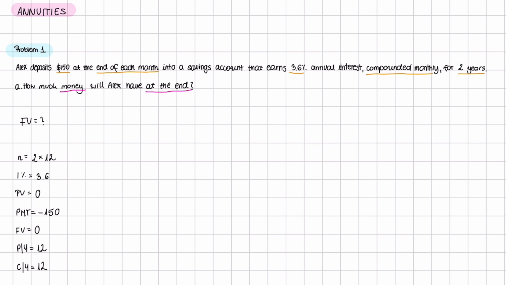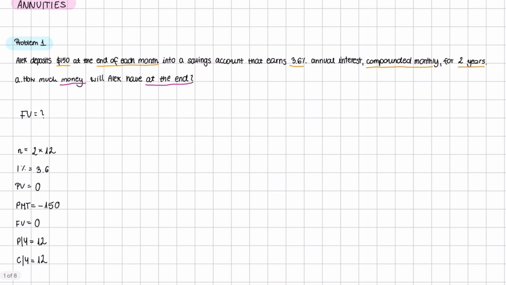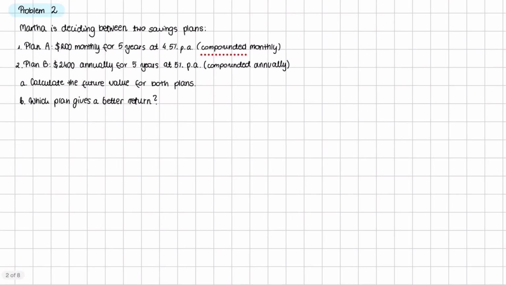And then we have to click future value on our GDC, and we will have the answer, and our answer is 3,726.98. Now we have to deal with problem number 2.